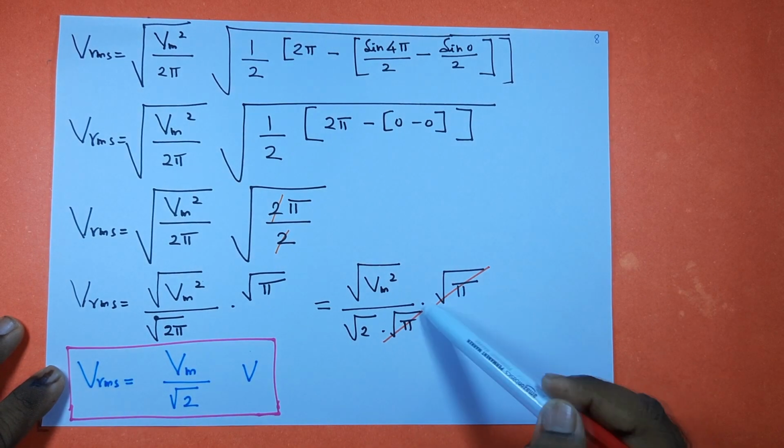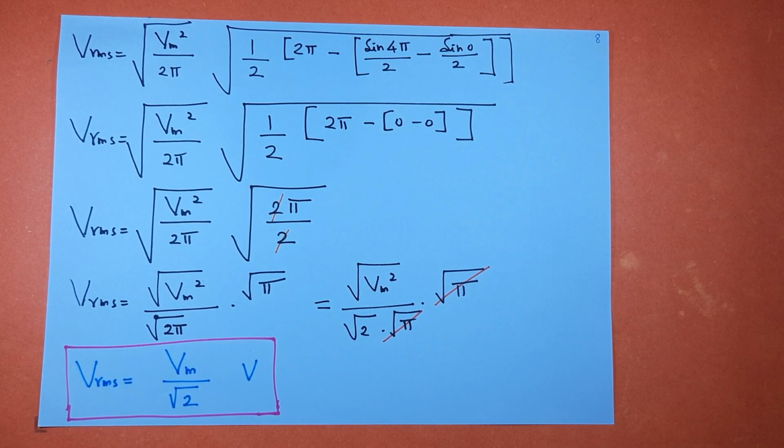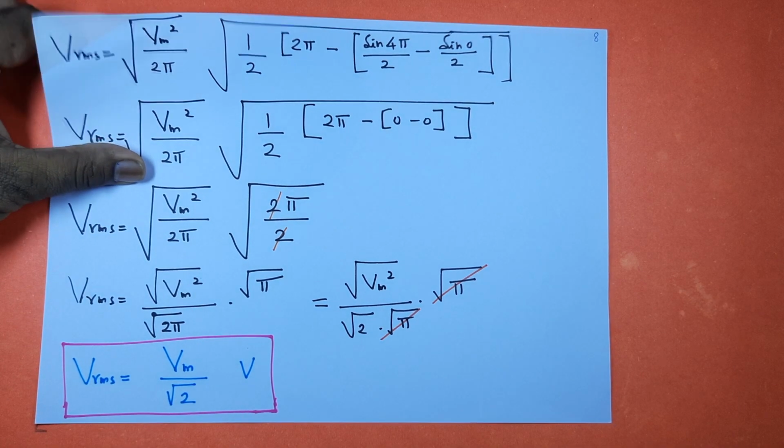So this pi and pi getting cancelled. So you take square root of this, square root of Vm square is going to be Vm, root 2 as it is. So Vrms equal to Vm by root 2. So this is the expression for RMS value of a sinusoidal waveform.